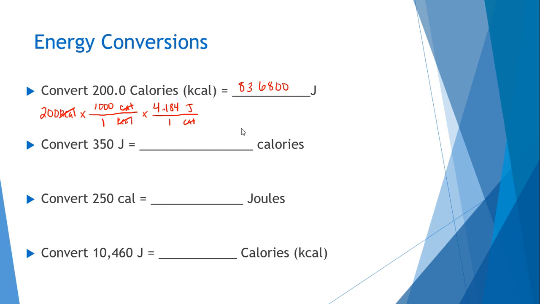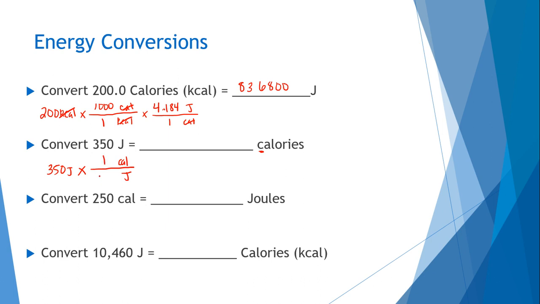Moving on to the next problem. Here it says convert 350 joules to calories, and notice my calories is a lowercase c. So I'm going to start with this 350 joules, and I want to get rid of my joules, so I'm going to put it on the bottom. And we have a conversion between joules and calories.